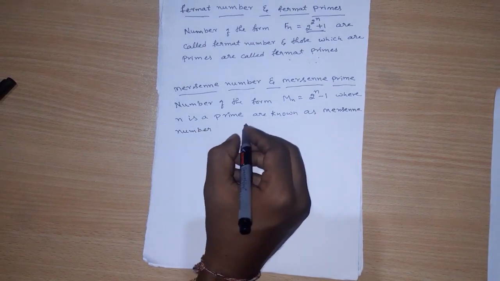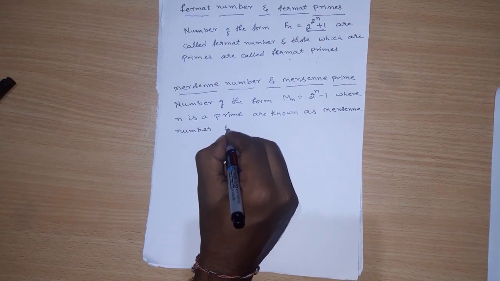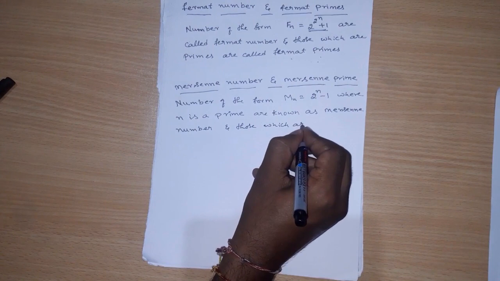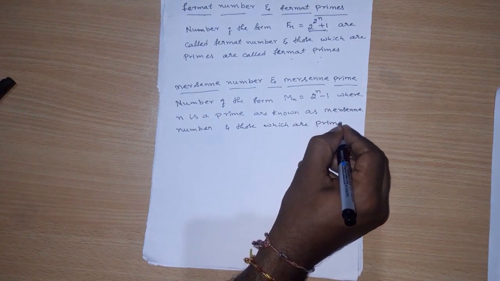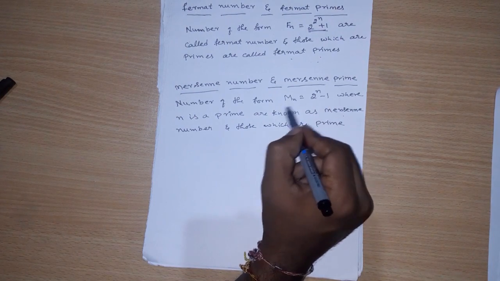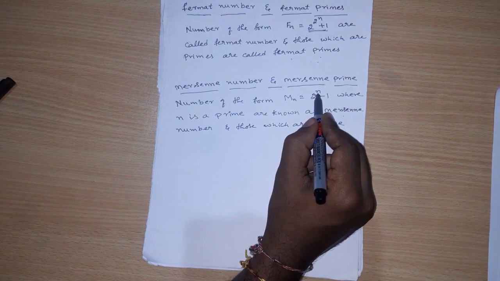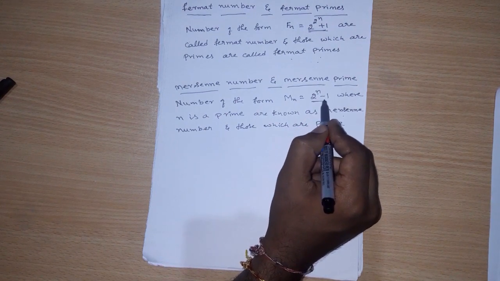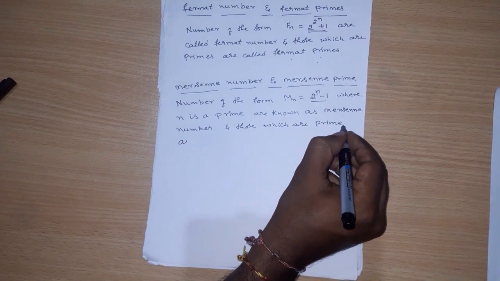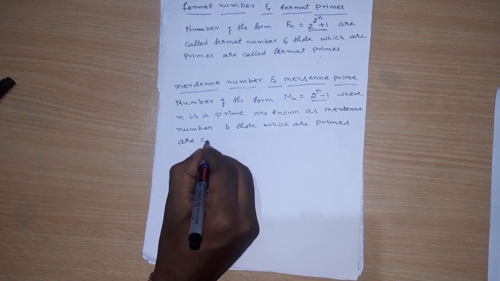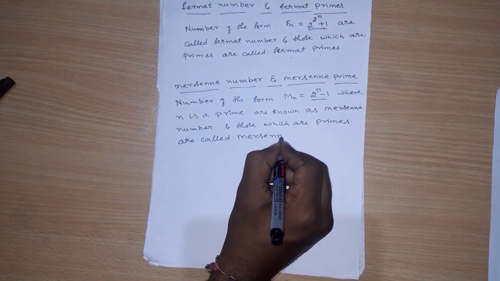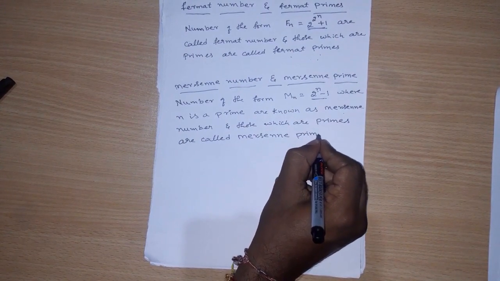And those which are prime, that means if you put prime numbers for n, meaning 2, 3, 5, 7, 11 like that, in those, if you get prime numbers, those prime numbers are called Mersenne primes.